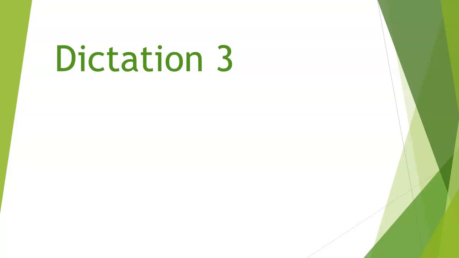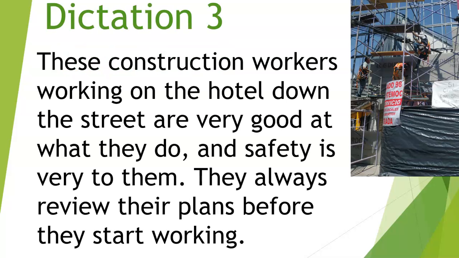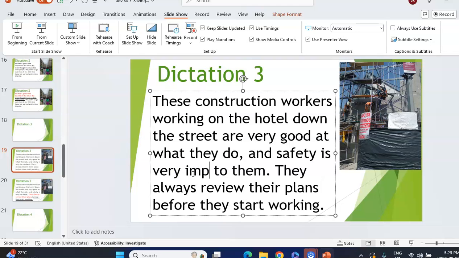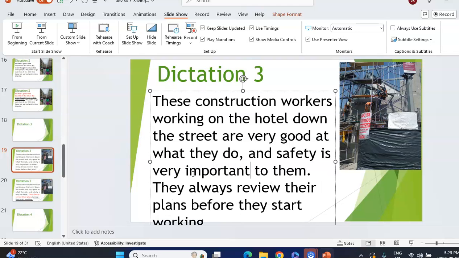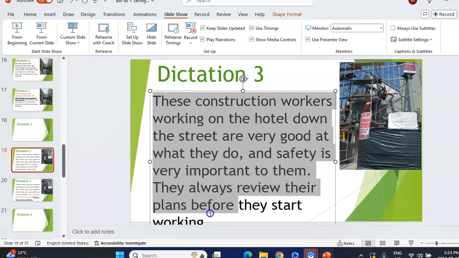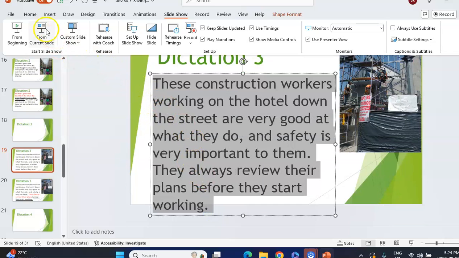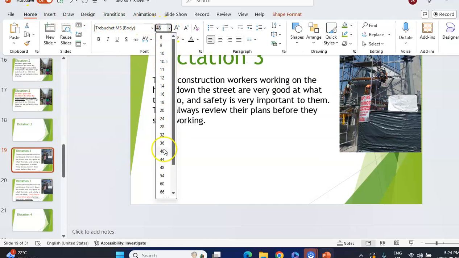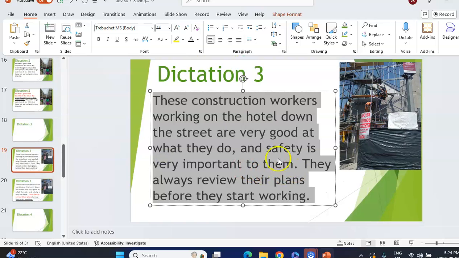And here's the dictation. Now, as I was reading, I just realized there's a word I missed. The word I'm missing here was important. I'll just make that a little bit smaller to fit the page.